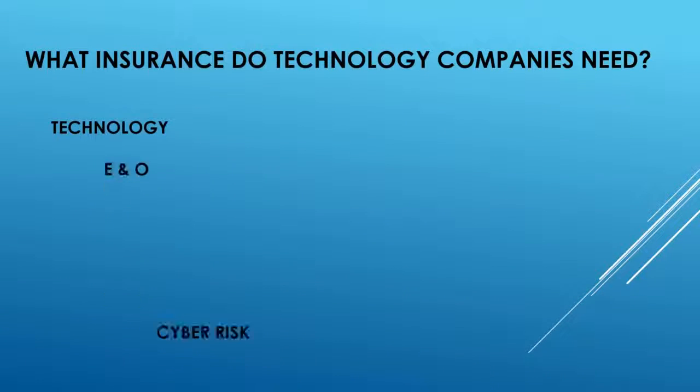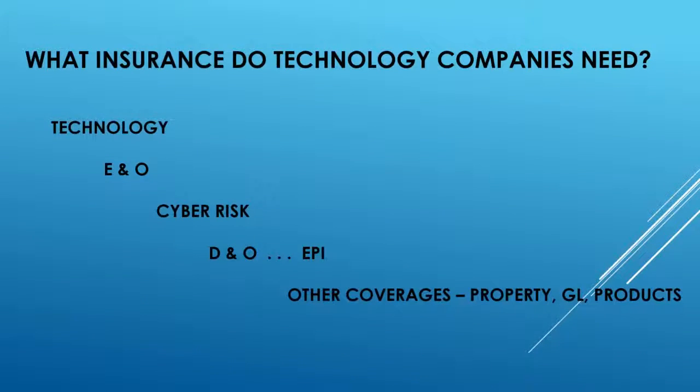I was just going to ask you what kind of technology companies, what kind of insurance they need, because this is relatively new in our world. But go ahead. It is. It's actually fascinating. And so, I think the primary exposure that everybody thinks about is errors and omissions, also called professional liability or E&O, and that would cover claims for errors or omissions from the provision of a service, in this case a technology service.